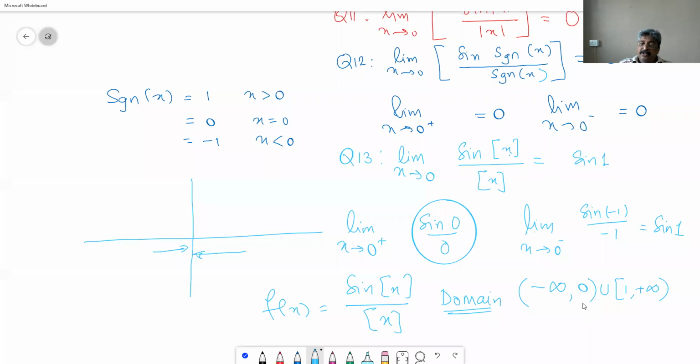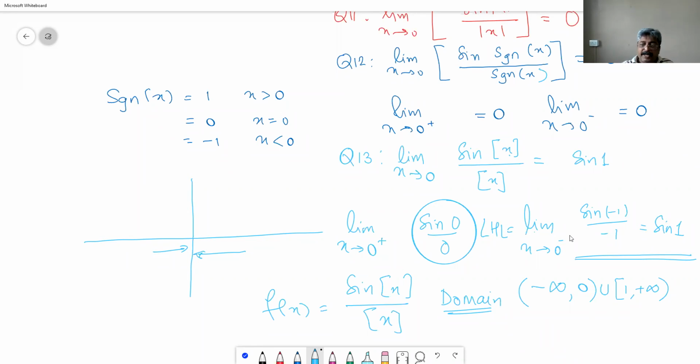And therefore, when you are asked to find limit as x tends to 0, that means you can tend to 0 only from one side, that is from the negative side. You do not have the values of x to tend to 0 from the right hand side. And therefore, the left hand limit is 1, LHL is equal to 1.